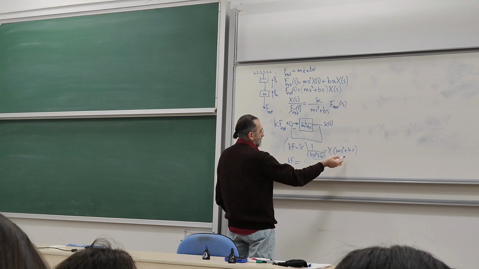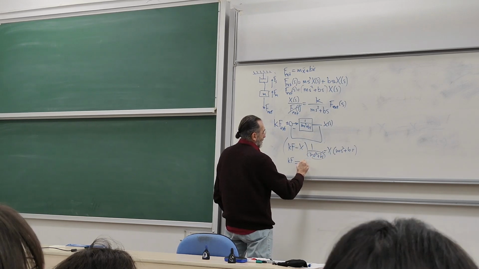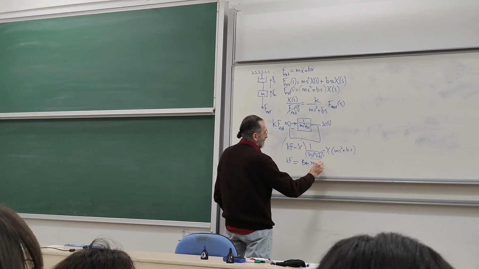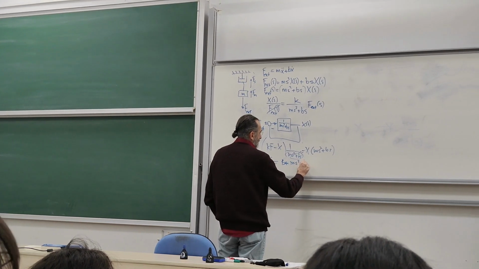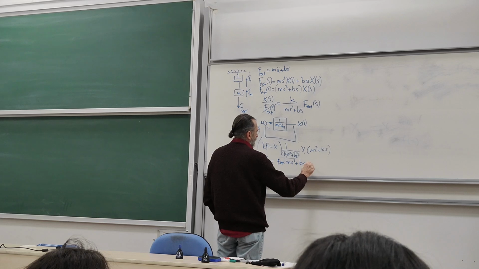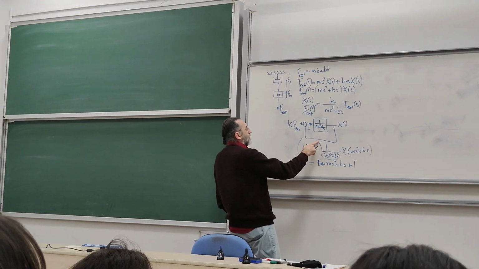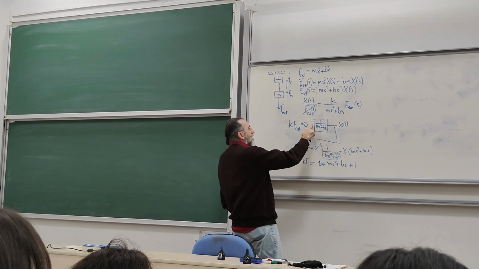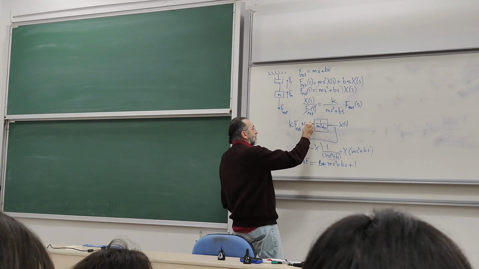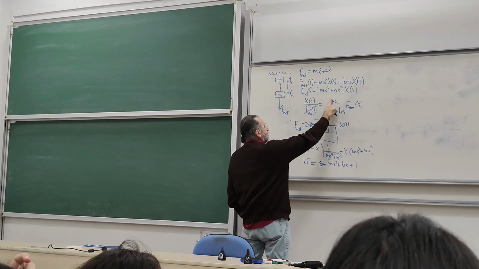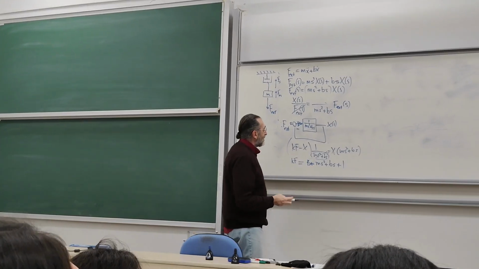K F equals, X goes on the other side, so we have 1 plus, that's m s squared plus d s plus 1. Yeah, we don't want to put the K there, we want to put the K here to amplify the error. Let's do it like that. Alright, so I take it back.